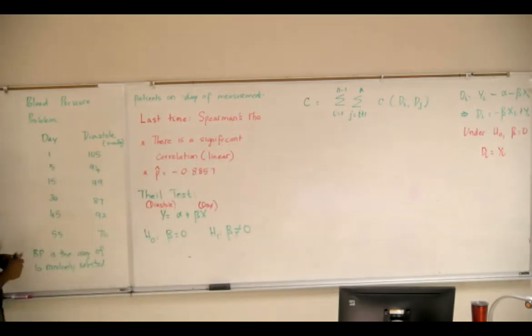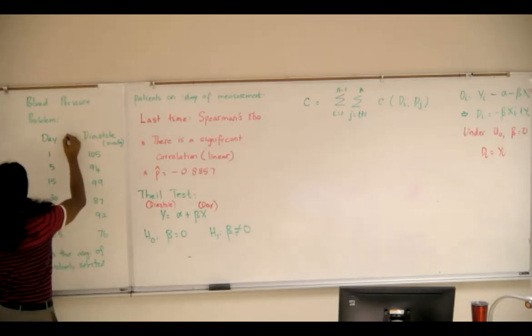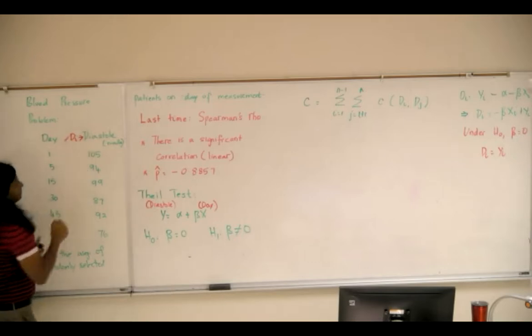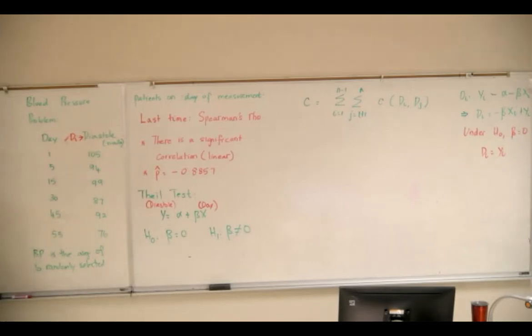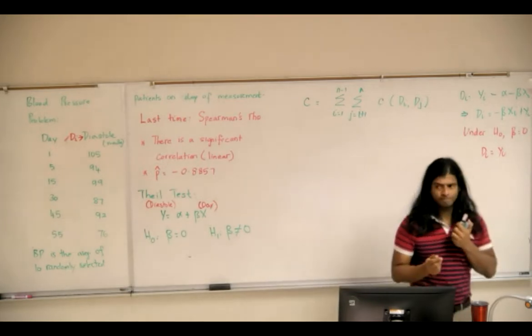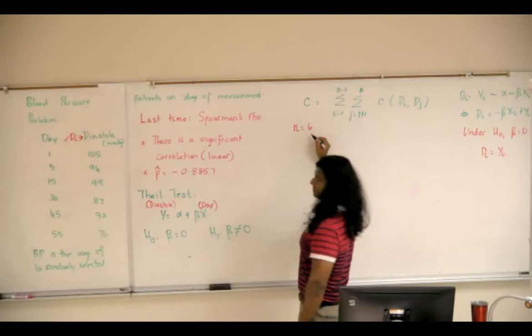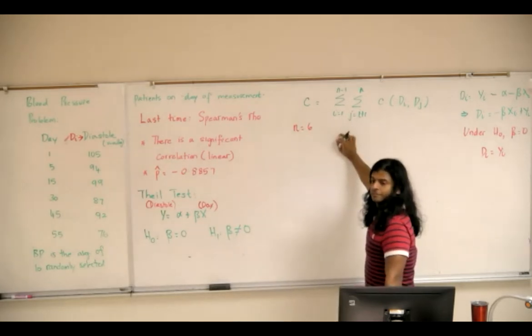Pairwise. So how many observations do we have? We have 6 observations, and di is just yi. And we have the x values in order. So how many pairs would we end up having? With 6 observations, 15.